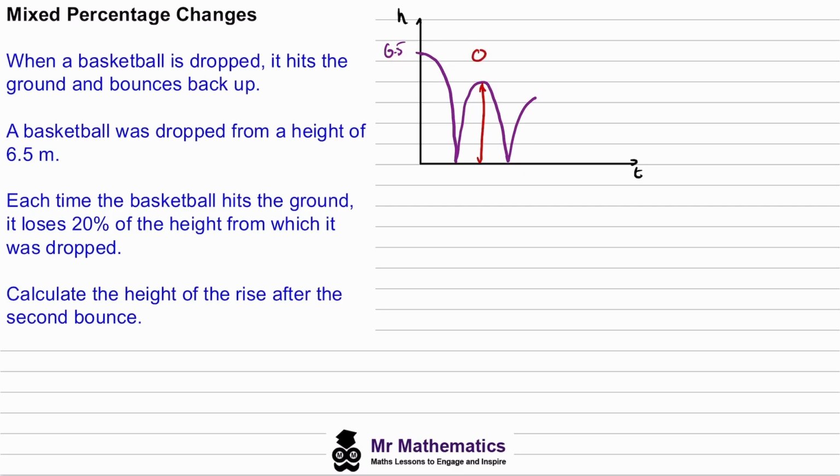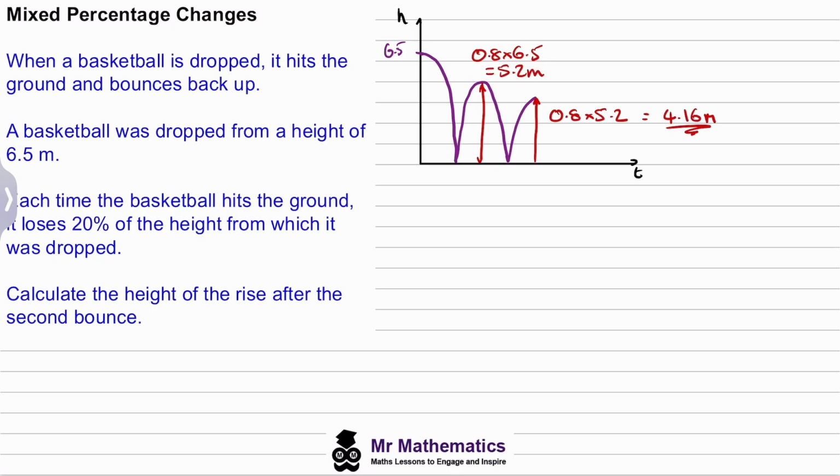So this height will be 0.8 multiplied by the 6.5, which will give us a height of 5.2 meters. And then on the second bounce, it loses another 20%. So this will be 0.8 times the 5.2. And when we work this out, we get a height of 4.16 meters. Okay?